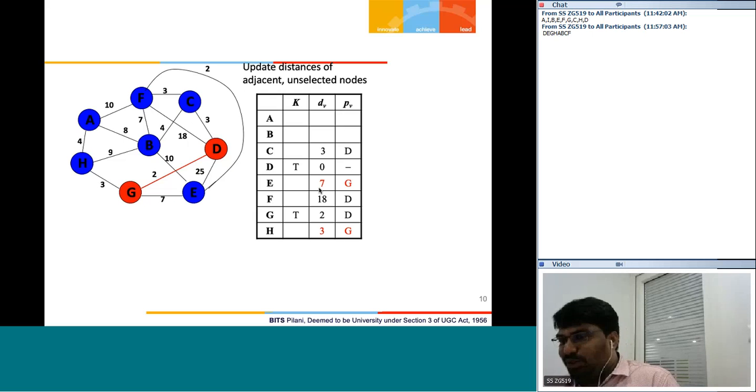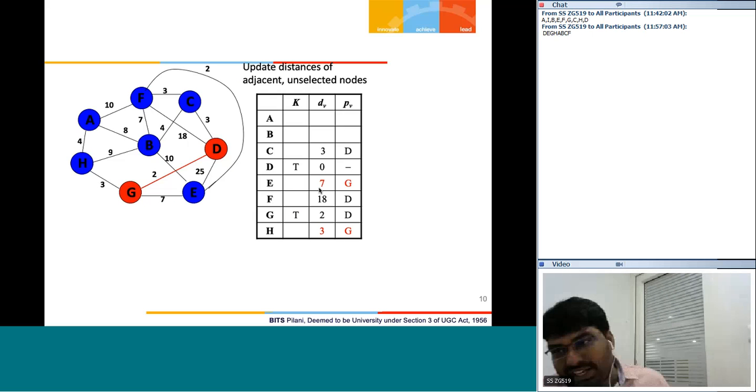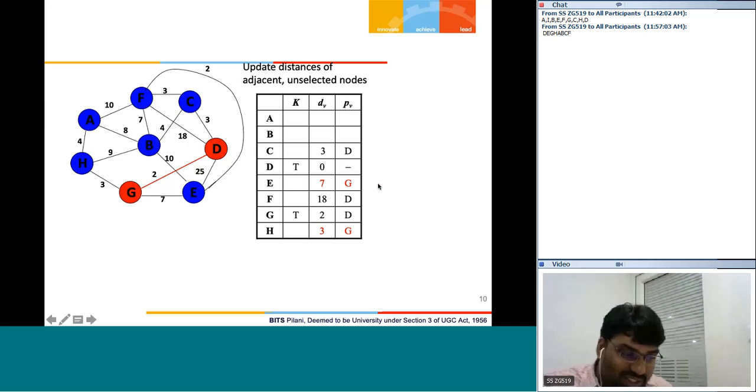Do not worry if you have not understood, but did you observe anything? Did anything get changed? Did you find any change? You have seen this slide clearly? This slide, you are saying there is some change. One change is happening in the parent node and the other change, you are saying, is this particular value.